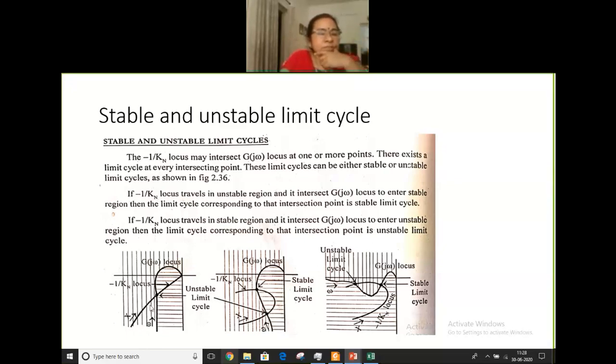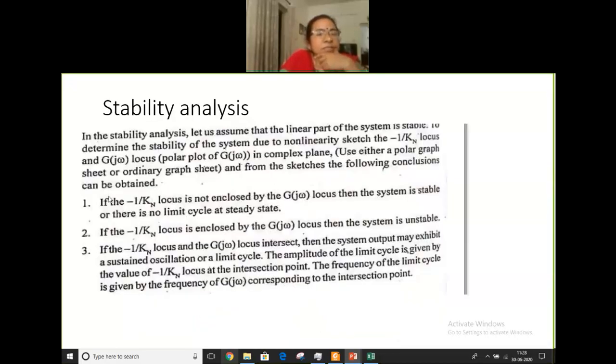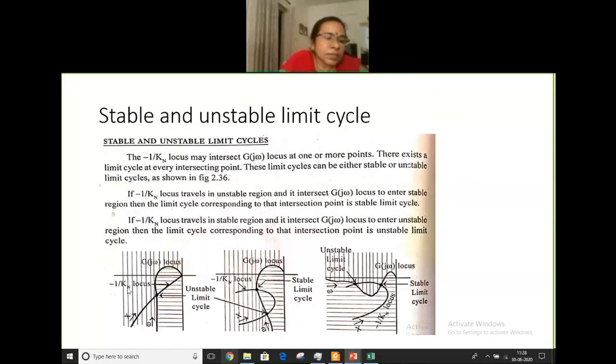Now, see this figure. First of all, analyze whether it is a stable or unstable condition. When the right side of this one is enclosed, how much portion is the stable condition? If the minus 1 by Kn locus is not enclosed by the Gj omega locus, then the system is stable. Minus 1 by Kn locus is not enclosed.